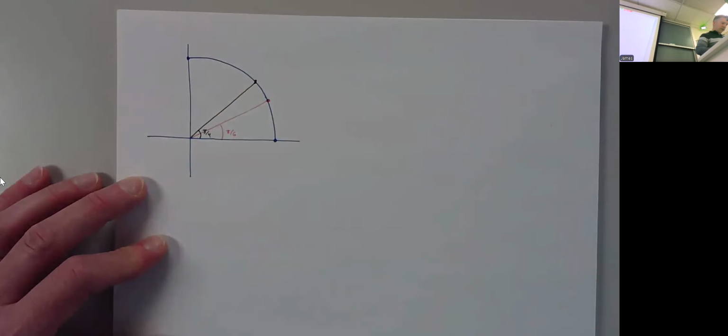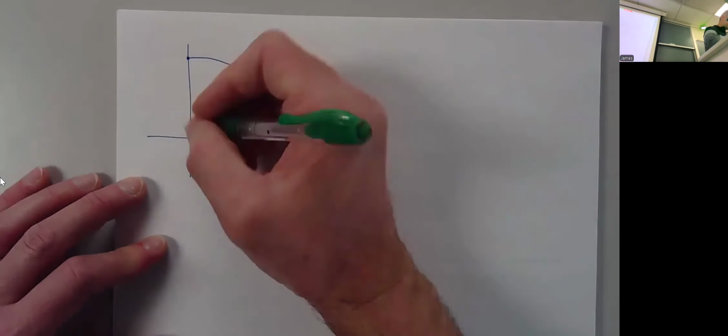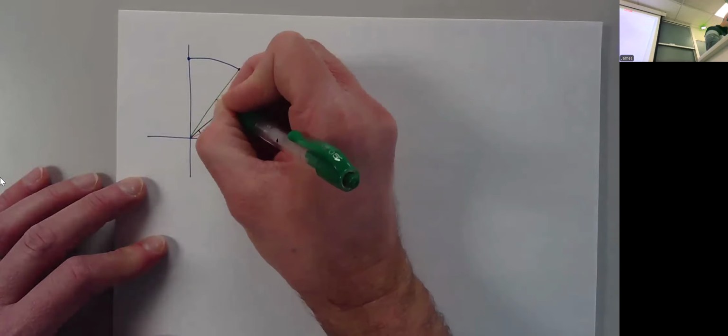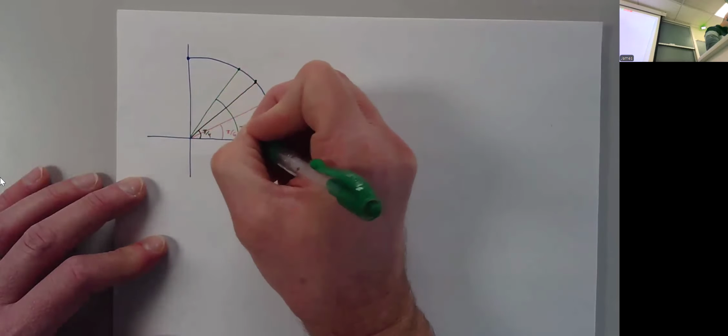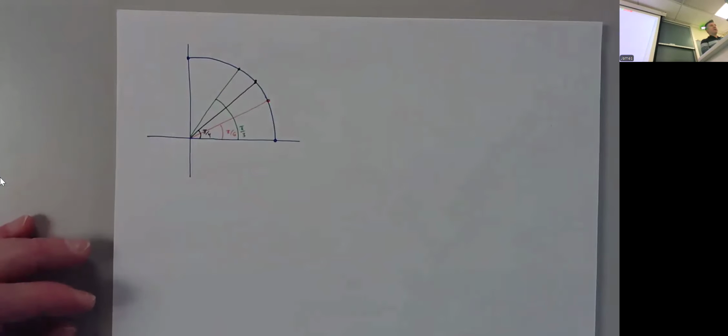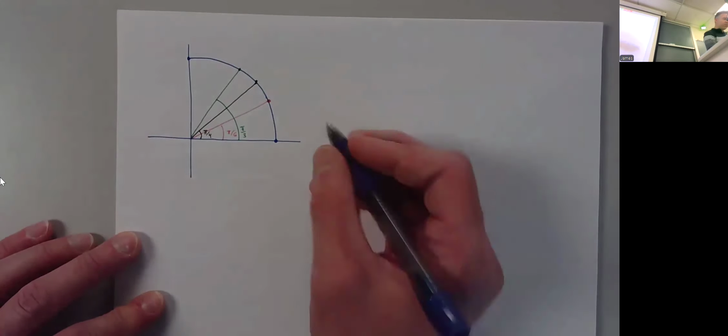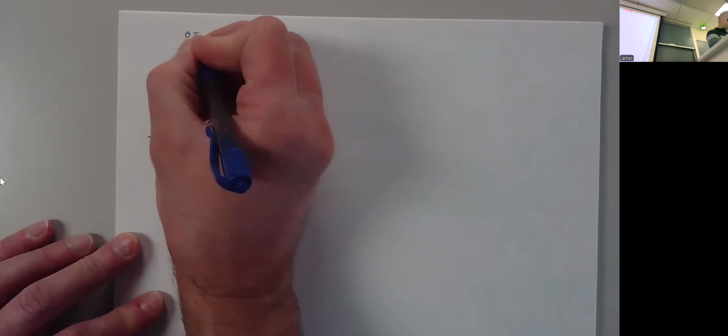And then we have the larger angle, pi over 3, which is 60 degrees. We also have, at the beginning, on the x-axis, an angle of 0. And over here, 90 degrees, or pi over 2.